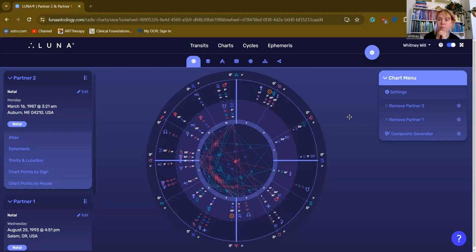The first thing we need to ask ourselves when we're looking at this is, what is the nature of the relationship that we're looking at? Because until we have that answered, we don't know what is relevant. With synastry, we can compare two charts of anything, right?